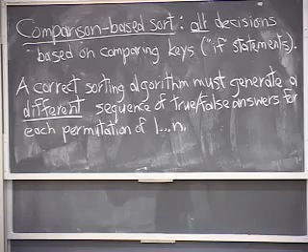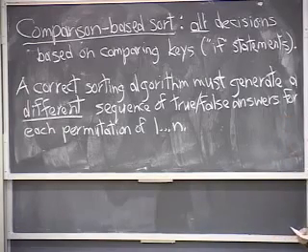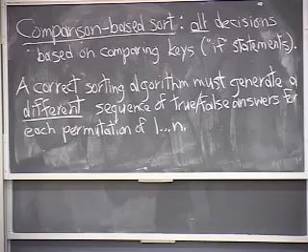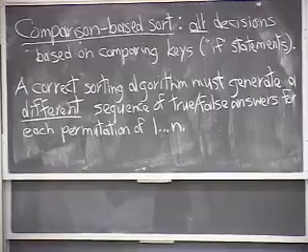Because it takes a different sequence of computations to sort each of those permutations. So because there are n factorial different permutations we could sort, we need to have at least n factorial different sequences of true and false answers.